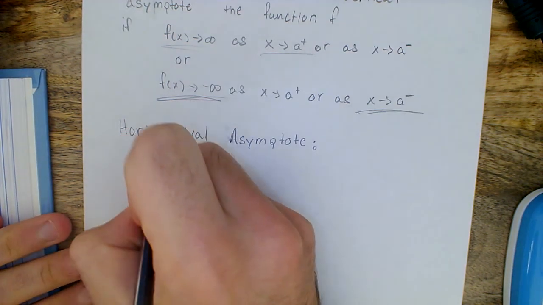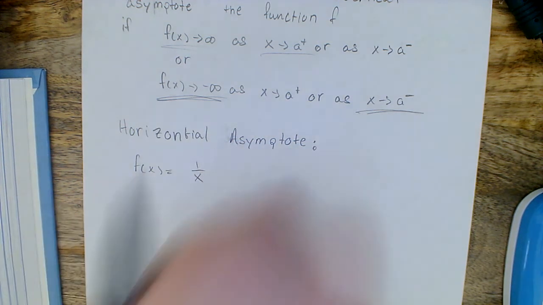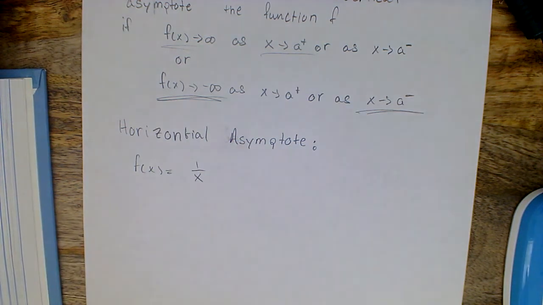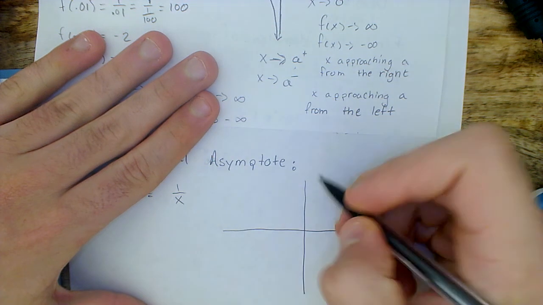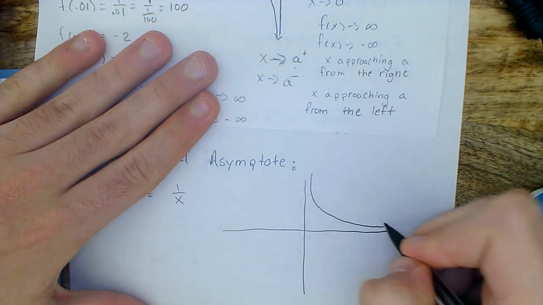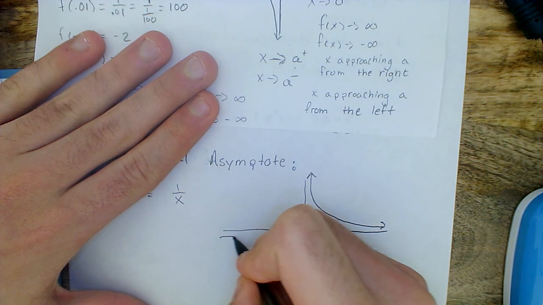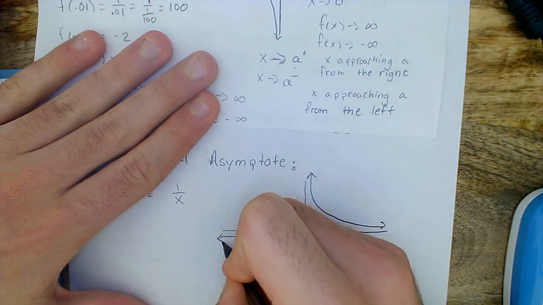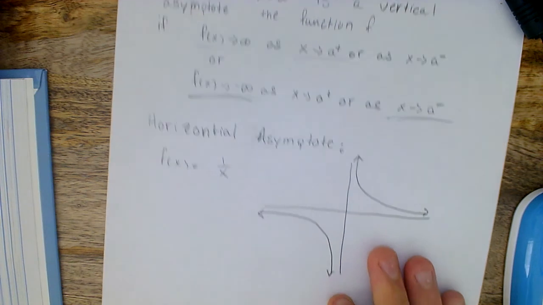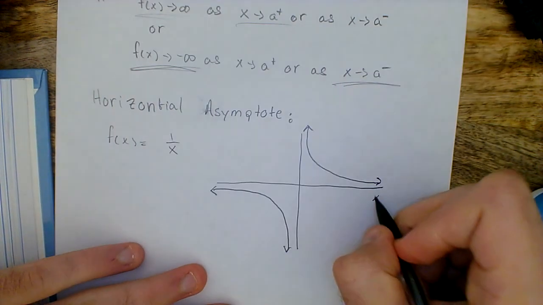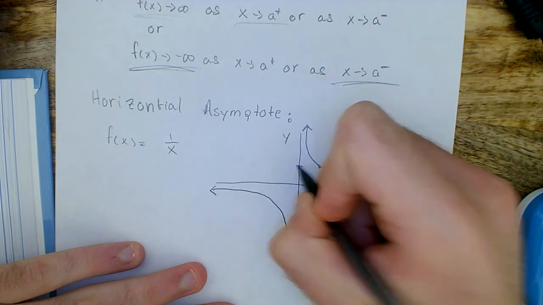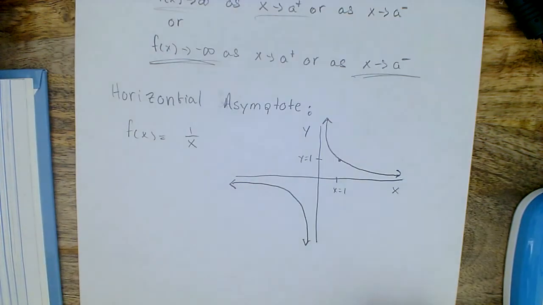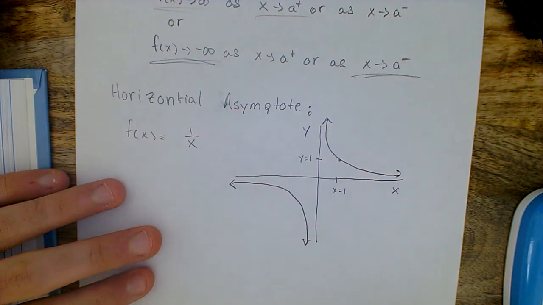So again, consider f of x equals 1 over x. I'm going to bring back my picture that I've already drawn here and copy it. Okay.